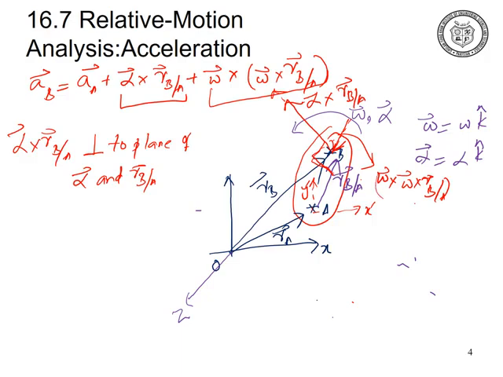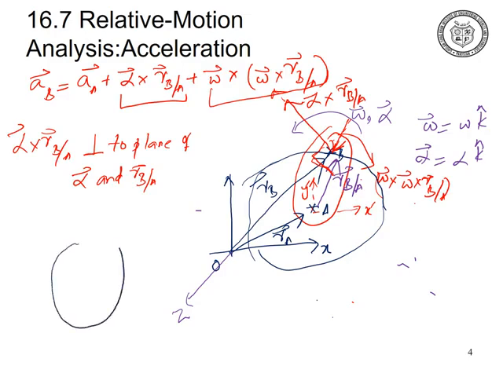Now let us say that this body is rotating about the point A with an angular velocity omega and angular acceleration alpha. So what will be the trajectory of the particle B? Particle B has to follow a circular trajectory about point A. So this means that alpha cross RB has to be tangent to this trajectory, and omega cross RB with respect to A has to be normal to this trajectory.